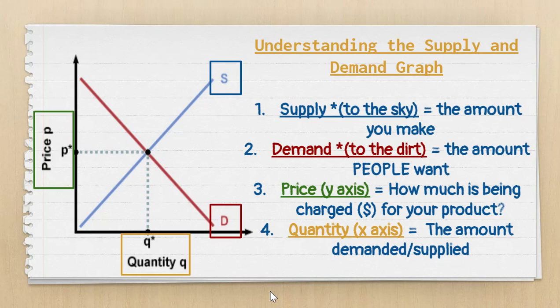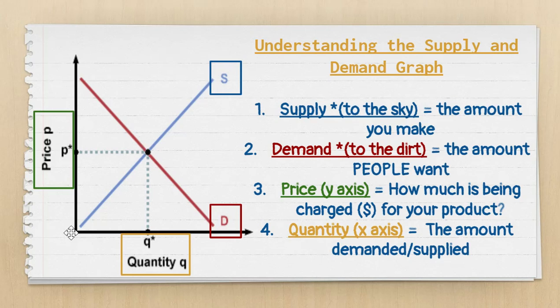Now we're going to start with supply, number one. Supply is going to be the line right here in blue, and that's going to be the amount that you make of a product. Let's just assume in this case we're making soap. So the supply line will be the amount of soap you produce or that you make. And it will always go from left to right, up to the sky.